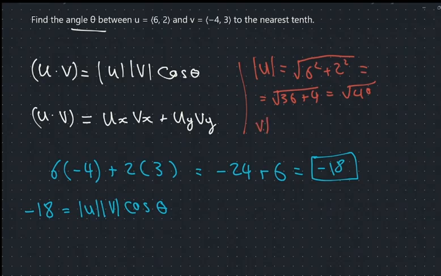For v, the magnitude is going to be the square root of negative 4 squared plus 3 squared, which is equal to the square root of 16 plus 9, which is 5. Yeah, because 16 plus 9 is 25, the square root of 25 is 5. So we have both of the magnitudes right now. Let me highlight them here.